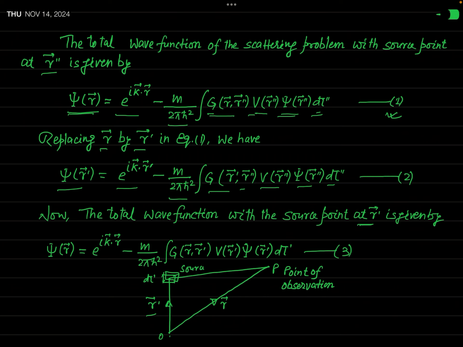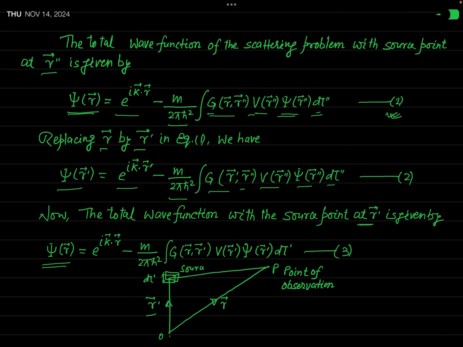So in this condition, if you want to write the expression for the total wave function, keeping the source point at the position r dash, then this psi of r will be what? Actually in this equation 1 we will only replace r double dashed by r dashed. Then we can find the total wave function when the source point is at r dashed, not r double dashed.